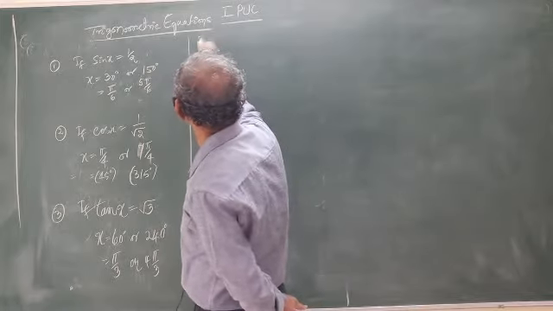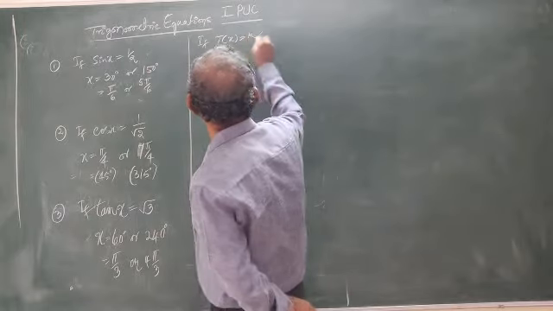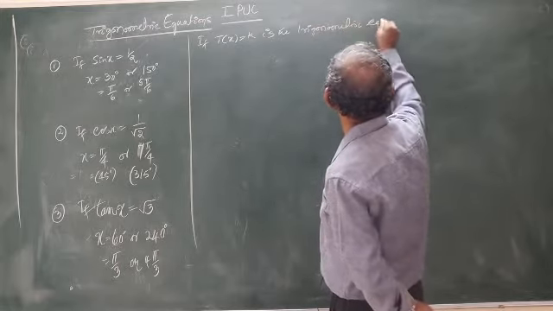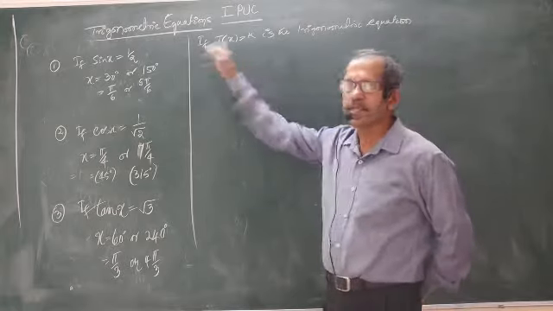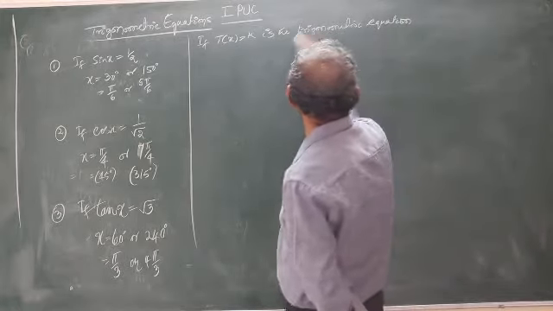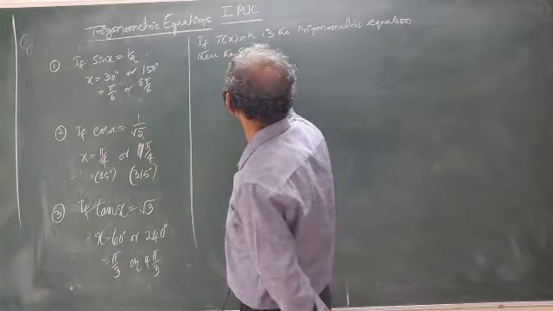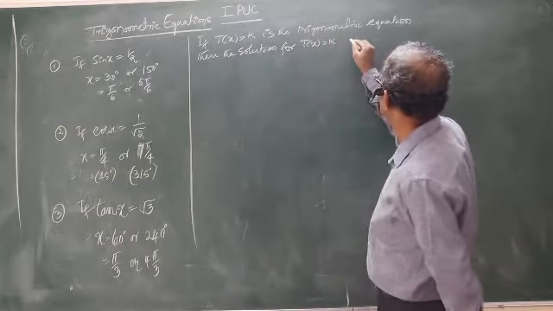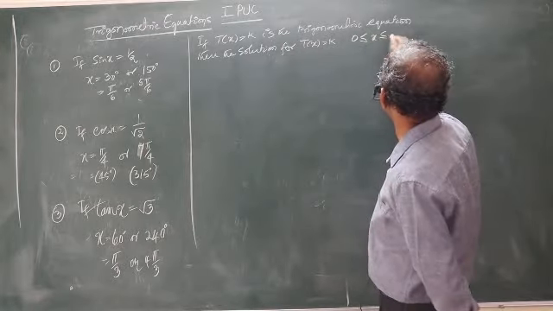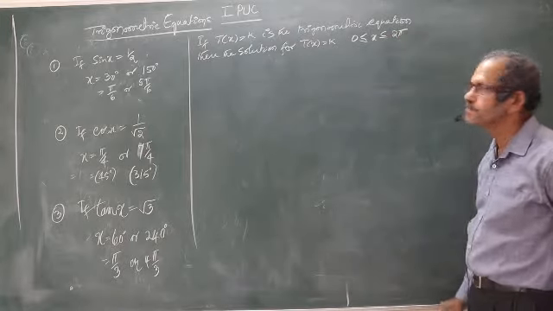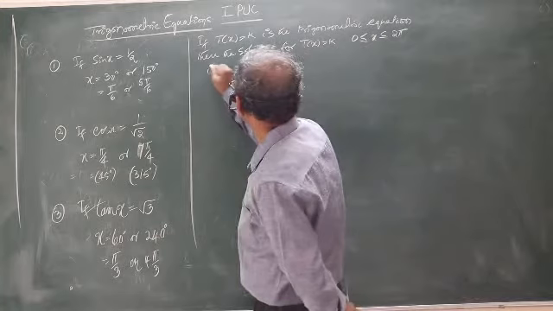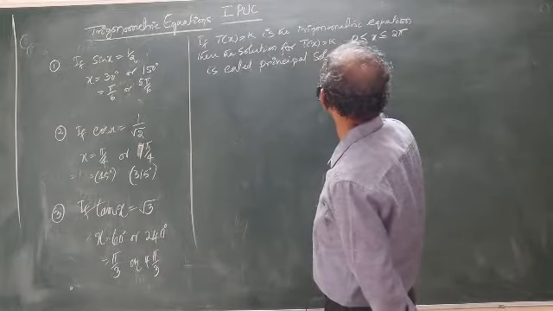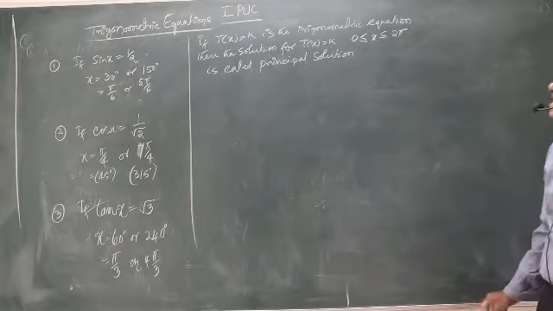If t of x equals k is the trigonometric equation, it is sin, cos, tan, whatever may be, then the solution for t of x equals k with 0 less than or equal to x less than or equal to 360, means 2 pi, is called the principal solution. Two answers you are writing, no? They are called principal solutions.